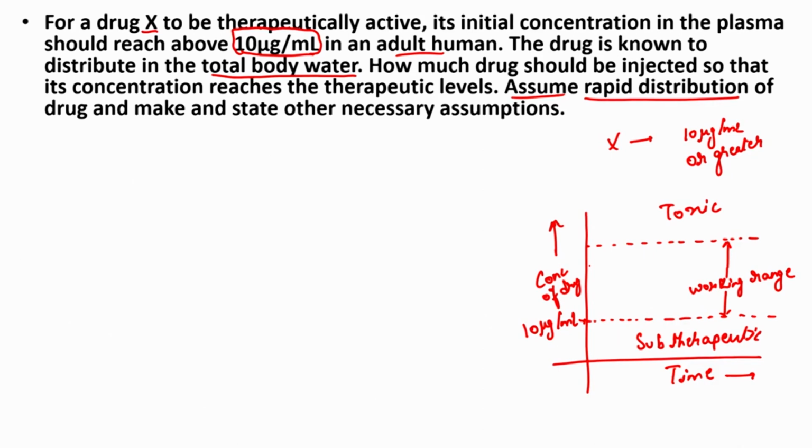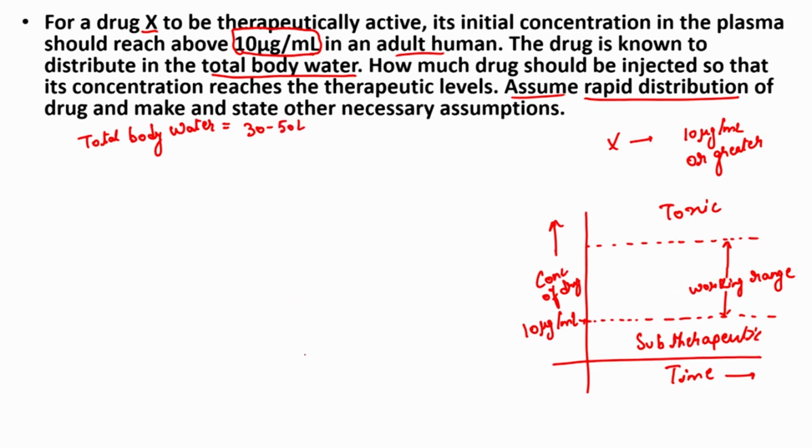So, from our discussion in the class, let us say for an adult human the total body water is about 30 to 50 liters. That is what we have discussed, right.